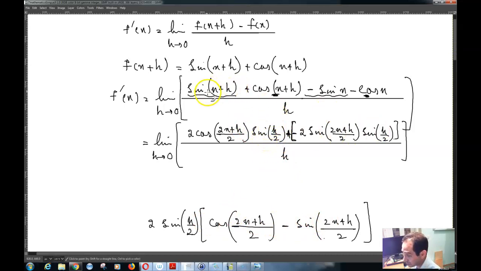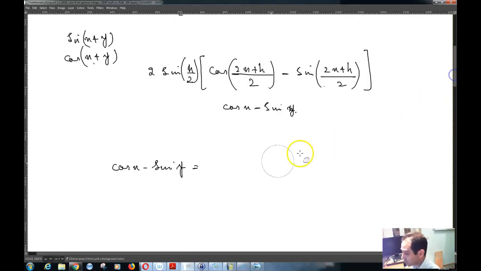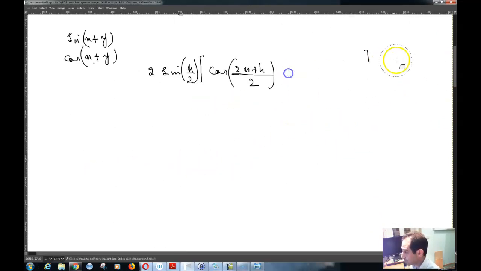So what they have done is that they have used the formula, for example, sine x plus y, to expand this thing over here, or basically cos x plus y, to expand this one over here, and then they have done the rest of the thing. So I'm going to write this as, I'm going to delete all of this over here, or erase them.